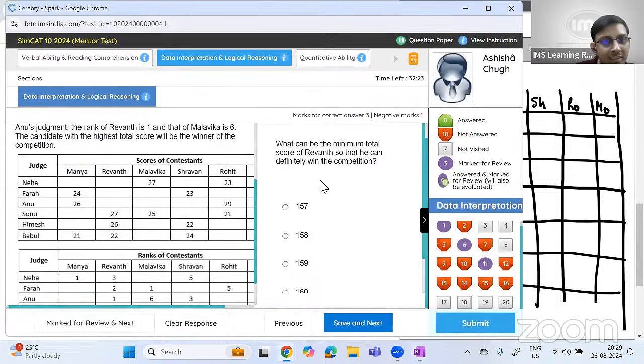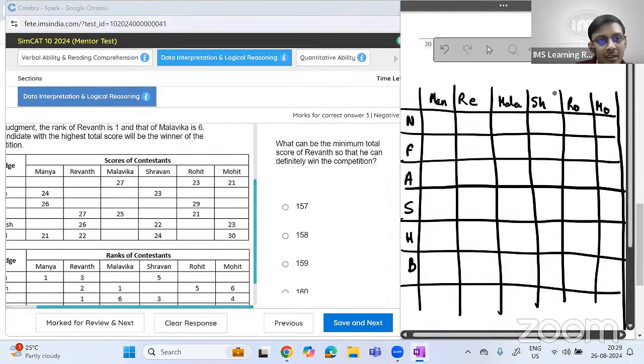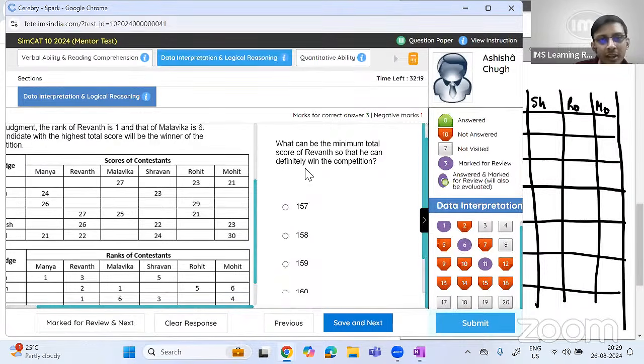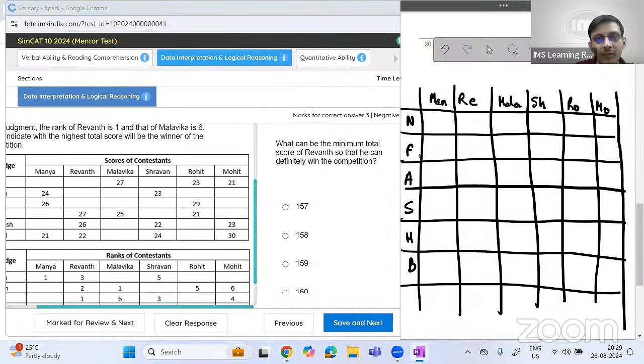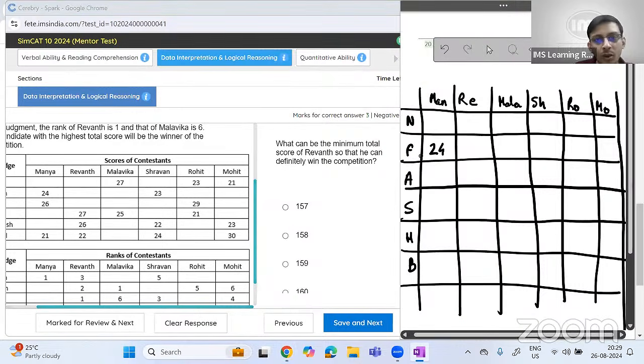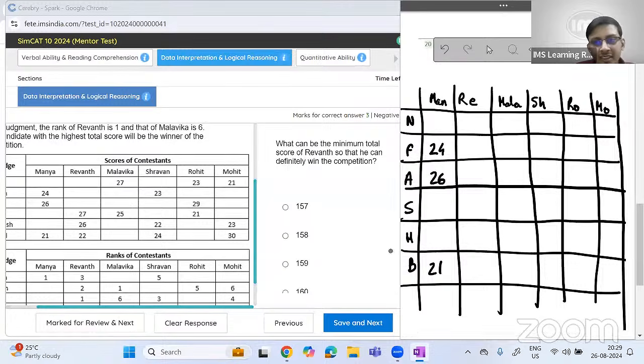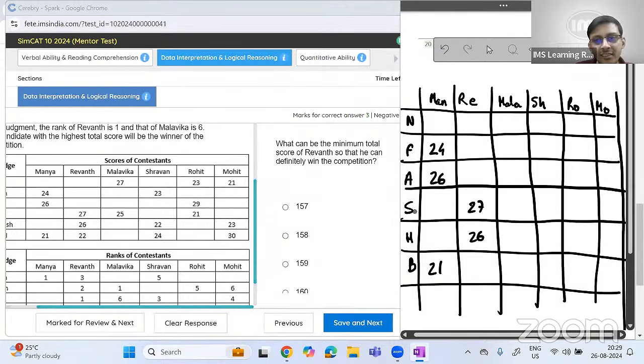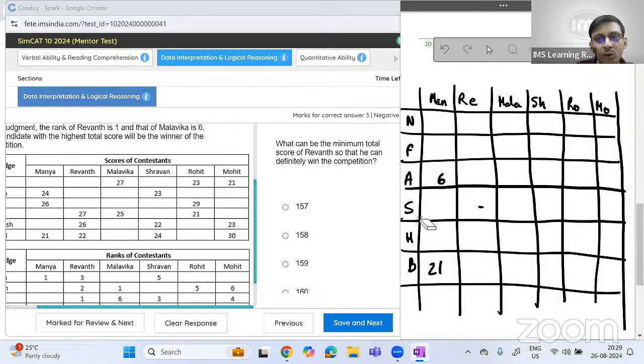So Neha is giving 27 to Malavika. Okay, I'll go column by column. So here we have 26, 24, 21. 24, 26, 21. Okay, next we have for Revant column 20, last three, 27, 26. In fact, let me just put some space here in case I need to put the ranks also, just to be a bit practical.